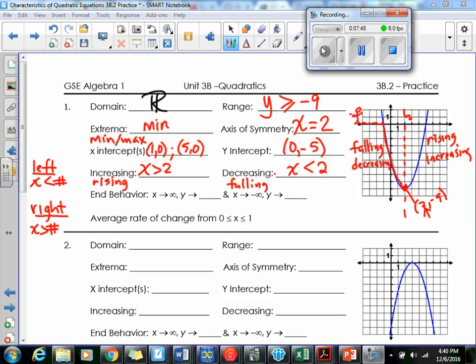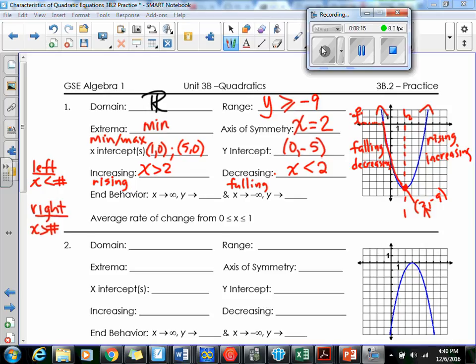And then, almost done here, we're looking at the end behavior. Remember, the not-so-mathy way of looking at end behavior is just looking at what the arrows are doing. On either side of this graph, as x is increasing, y is also increasing.